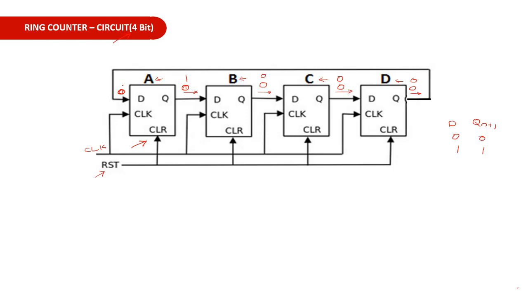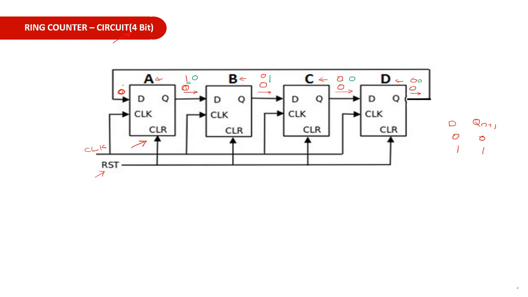So the output of the first flip-flop will become 0 and the second will become 1 because its input is 1, and the third output will be again 0 because its input is 0, and the fourth output will be 0 since its input is 0.